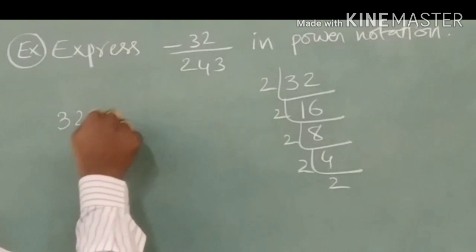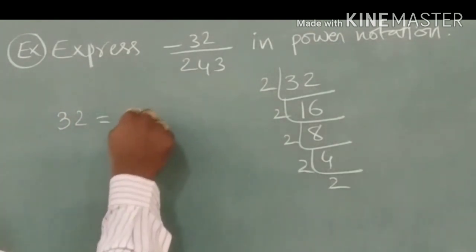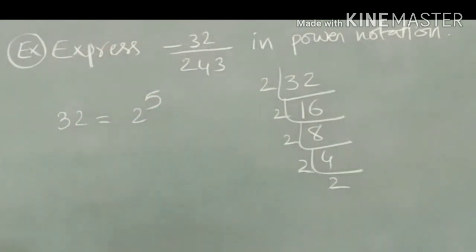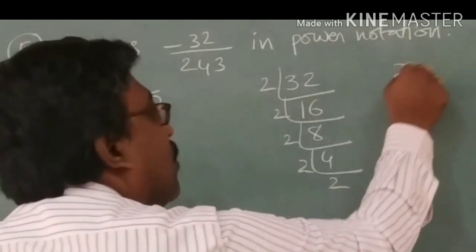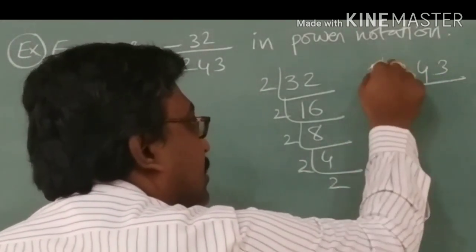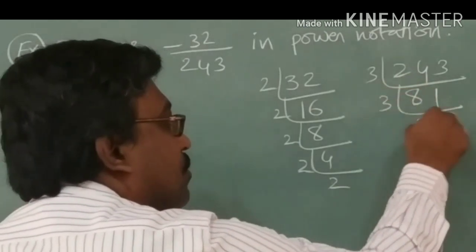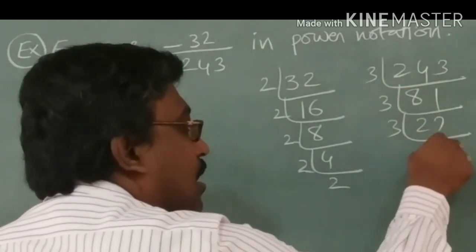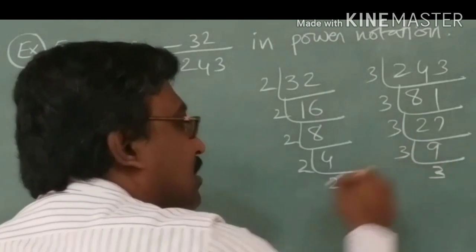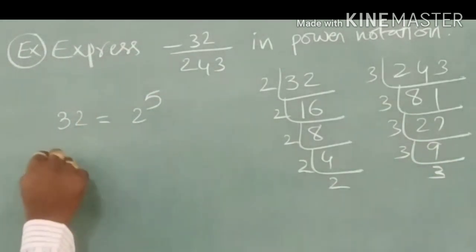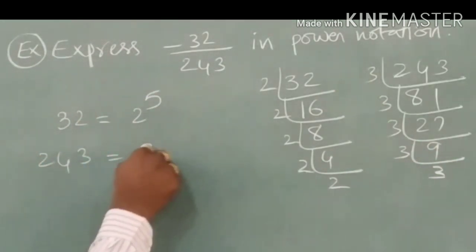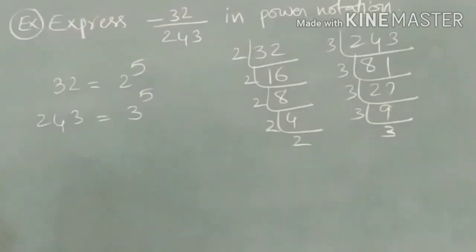So 32 can be written as 2 to the power of 5. Good. Now 243: 3 times 81, 3 times 27, 3 times 9, 3 times 3. Of course, 243 also came as 3 to the power of 5.